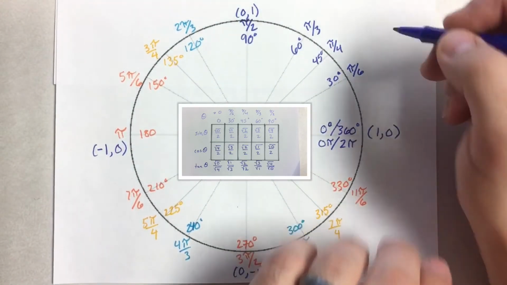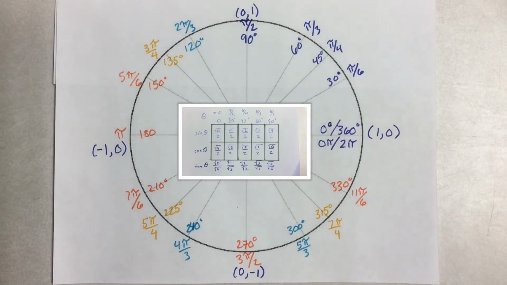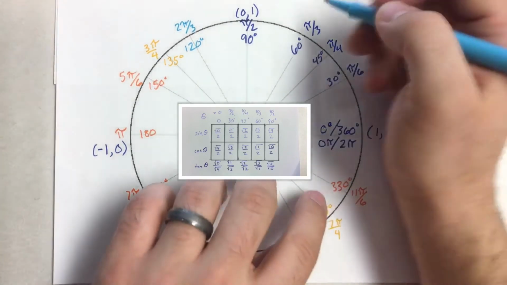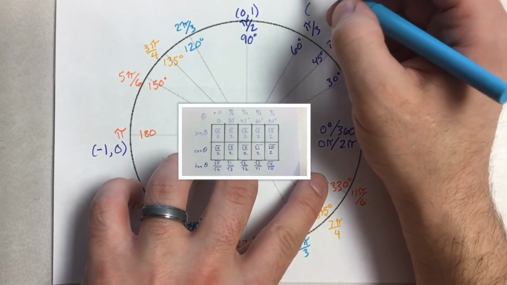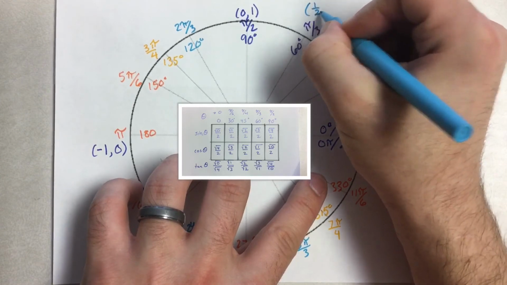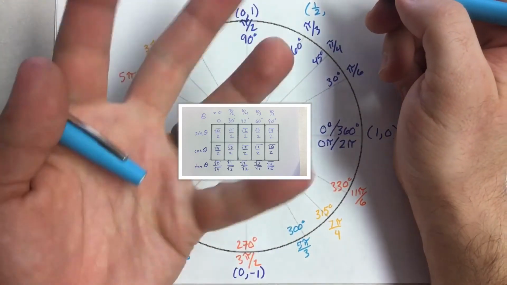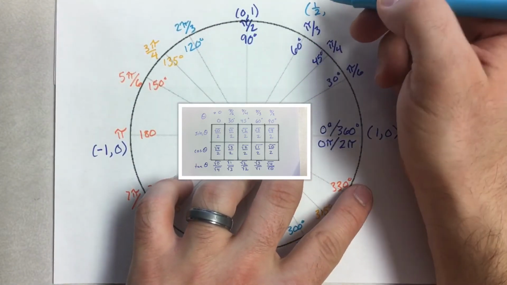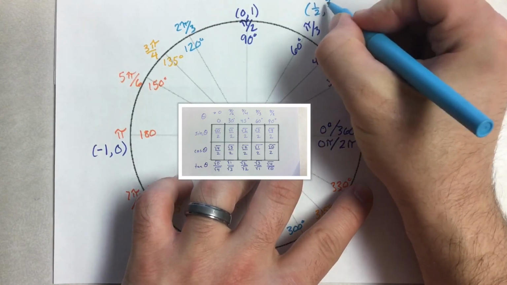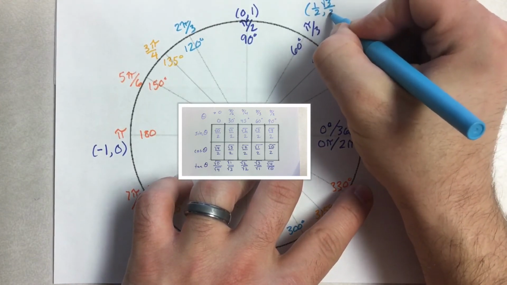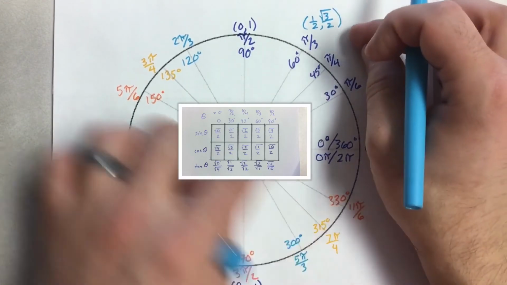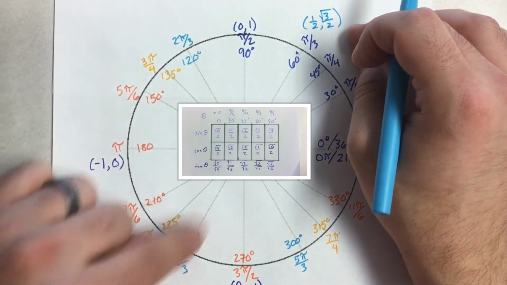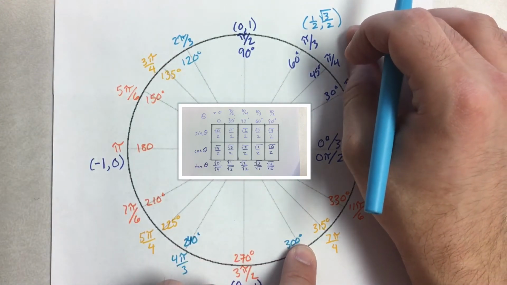I'm just going to write these in real quick. From our table, we know cosine of 60 degrees is 1/2. And from our table, or from our hand trick, sine of 60 degrees is square root of 3 over 2. So I'm going to use that to complete the remaining matchups with 60 degrees, okay?